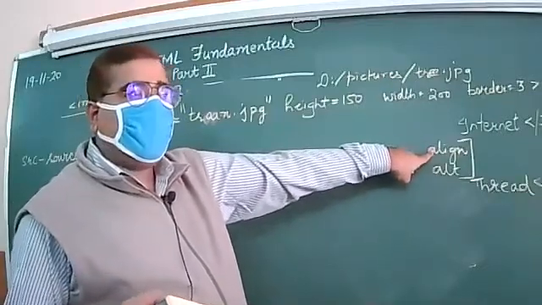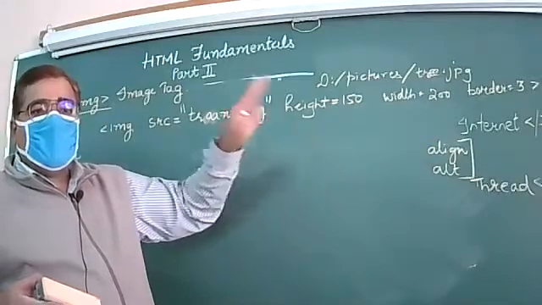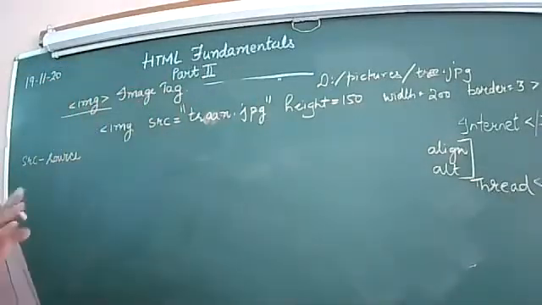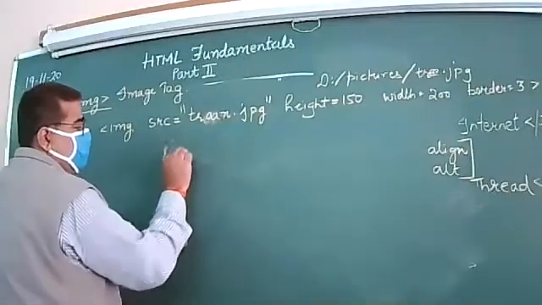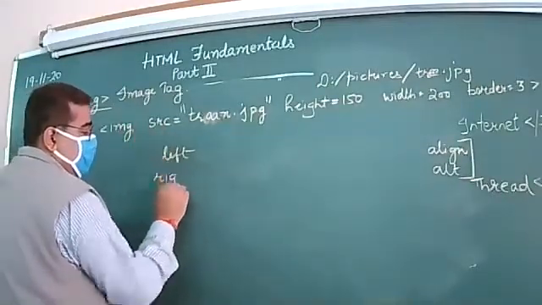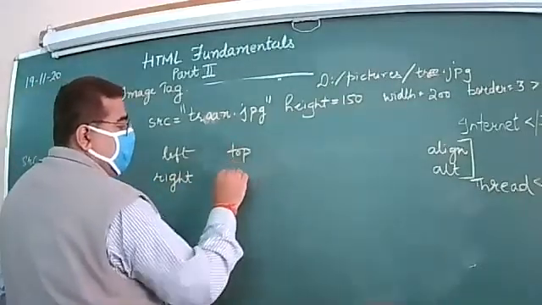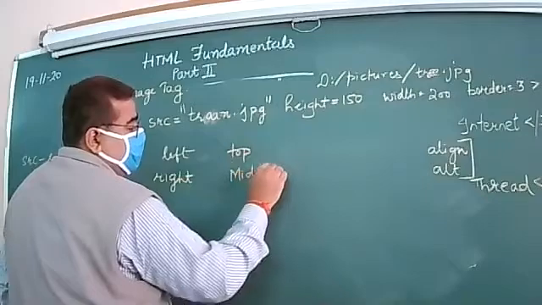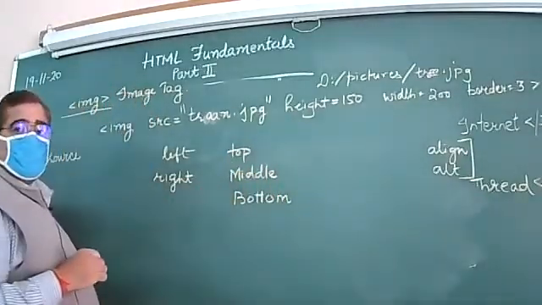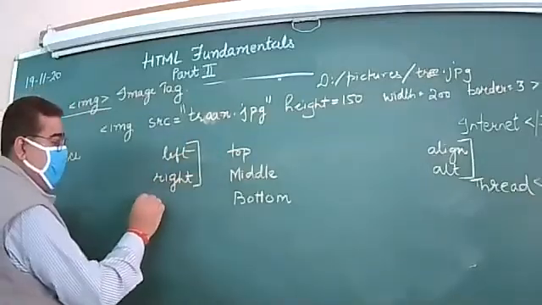The align attribute is used to set the alignment of the image. Five possible values which image tag align attribute will take: left, that is the default setting; right, top, middle, bottom. These two values, they are associated with the image.